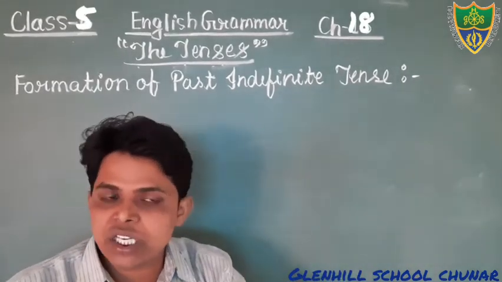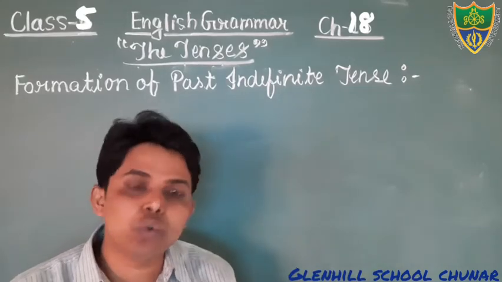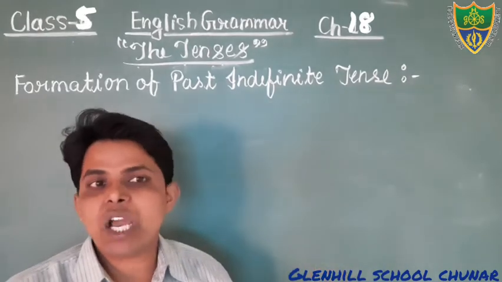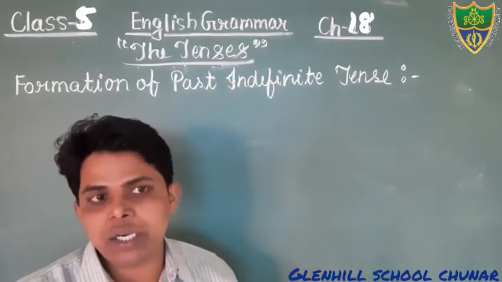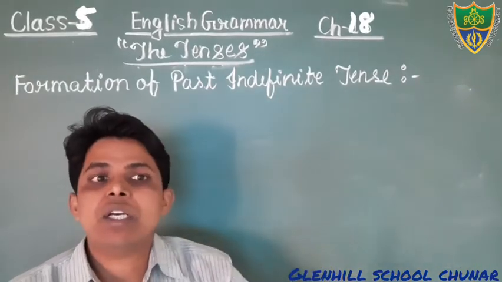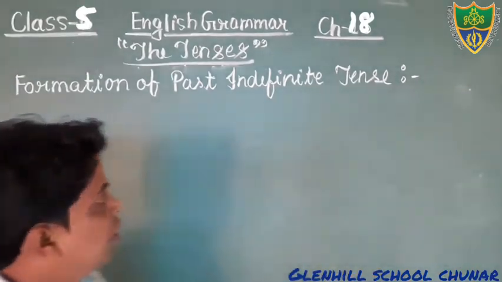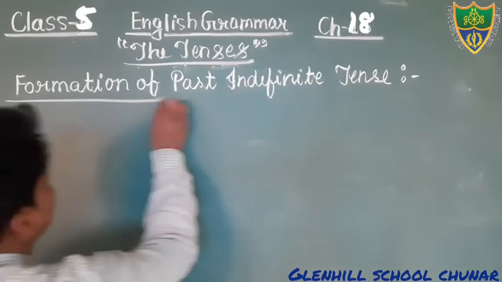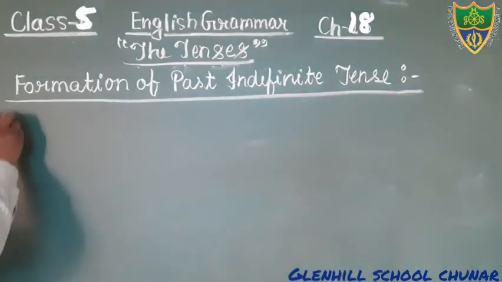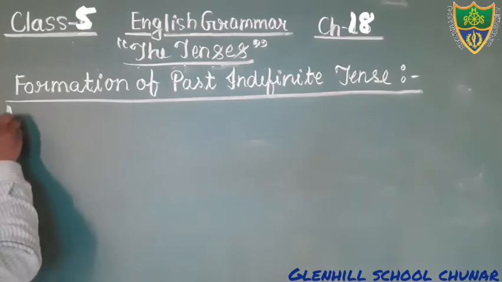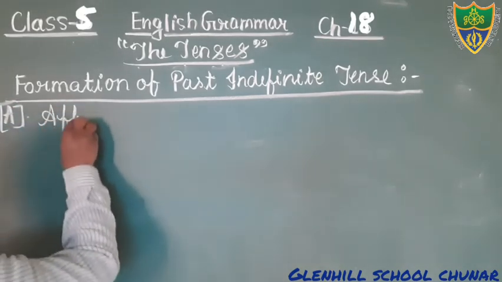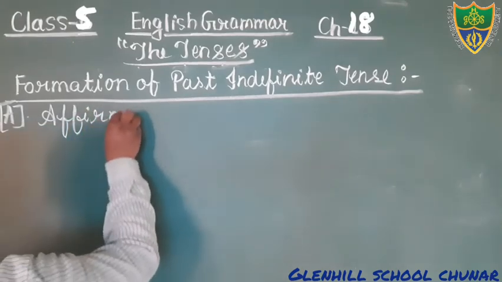Interrogative sentences are classified into two sub-kinds, that is yes/no type and WH type. Yes/no type is also known as single interrogative and WH type is known as double interrogative. First of all we will discuss the formation of affirmative sentences. So put the heading affirmative sentences.